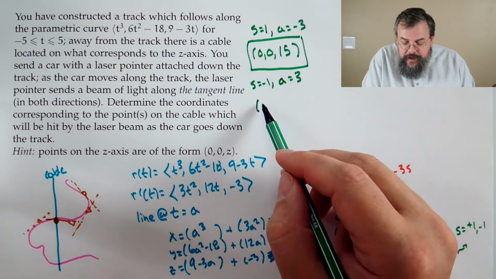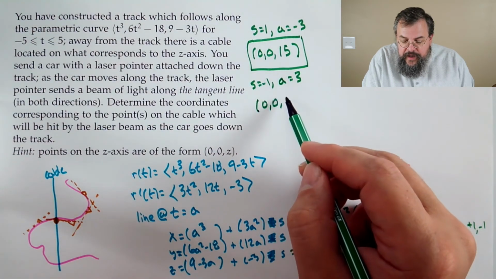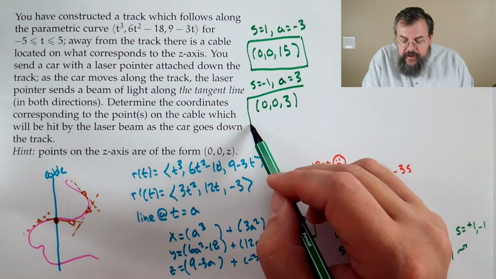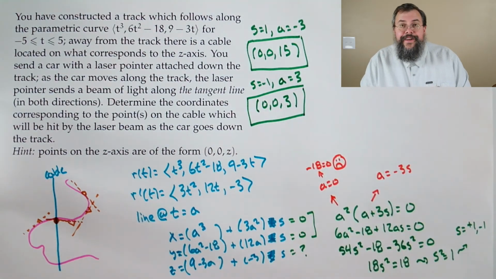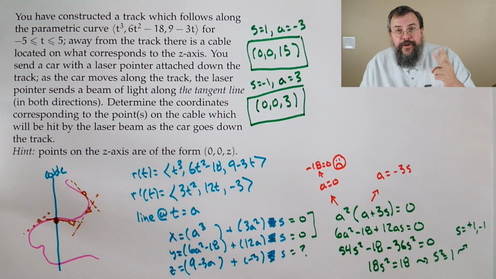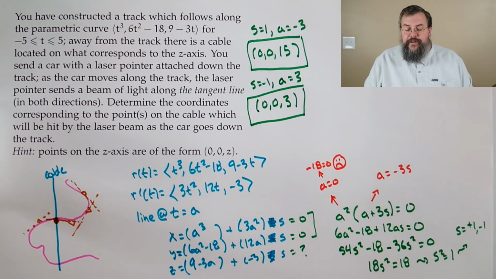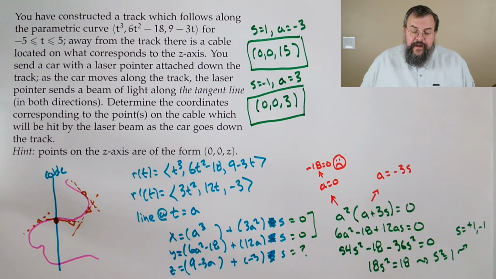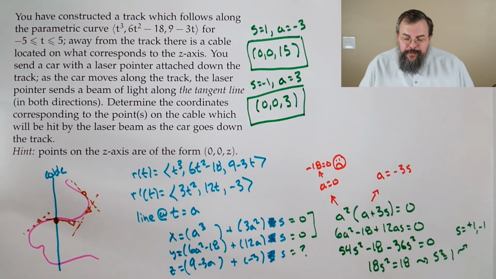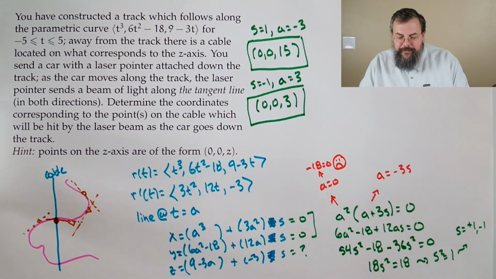So we end up with 0, 0, positive 3. And that's our second point. All right. And there we go. We found there are going to be 2 points where that laser hits the z-axis, and the coordinates are 0, 0, 15 and 0, 0, 3. Great. Beautiful. That's a nice problem.